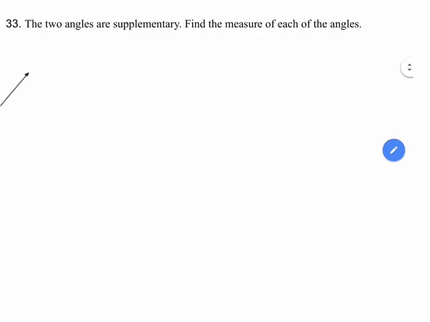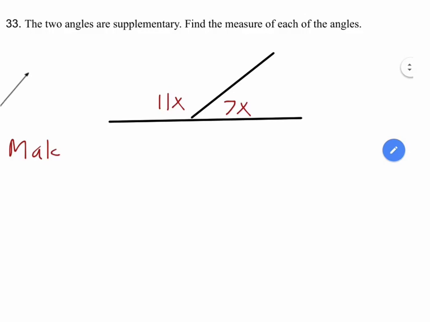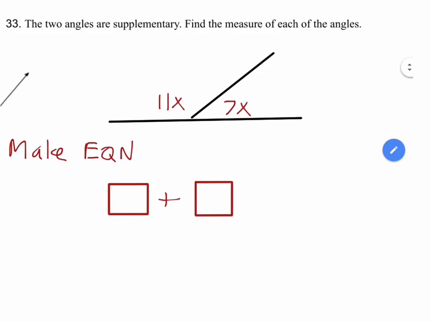Oh, this one looks like this, I think, right? Let me find it. An equation here. What does that mean? That means this plus what?